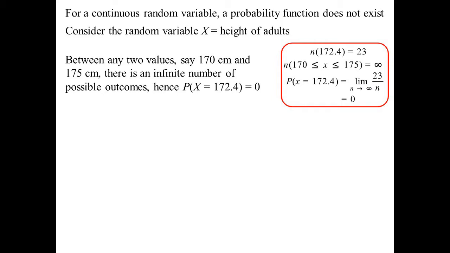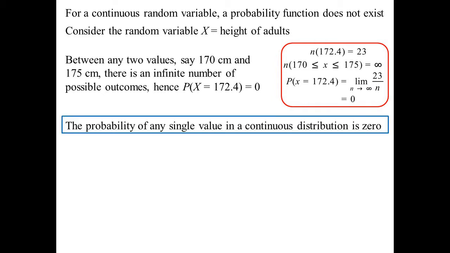Well, I can't substitute infinity in, but it'll be the limit as that approaches infinity, which again gives us 0. So if you have a continuous distribution, this is the key bit: the probability of any single value, any discrete value, will always be 0.